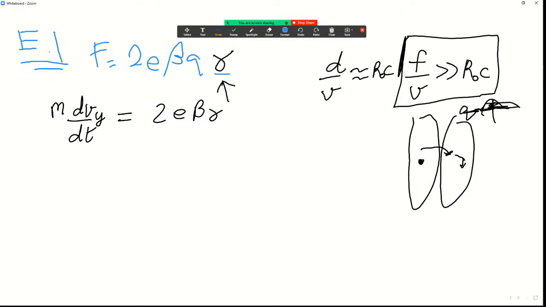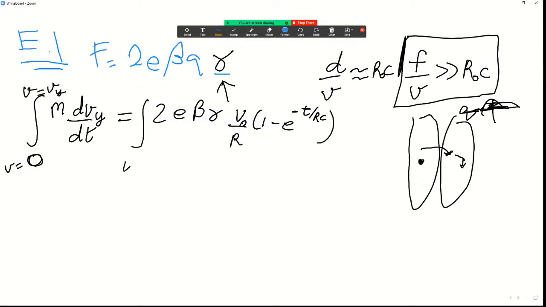So here we would get 2e beta r into Q. And Q was V naught by R times 1 minus e to the power minus t by RC. So we can integrate from V0 to V equals something Vy, and from time t0 to time d by v.